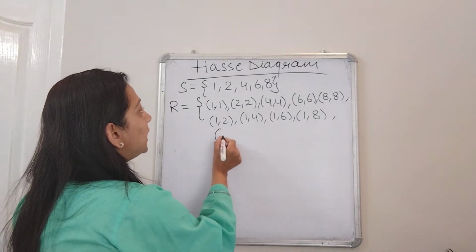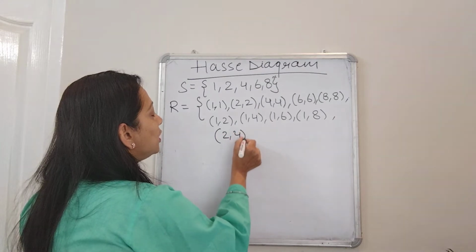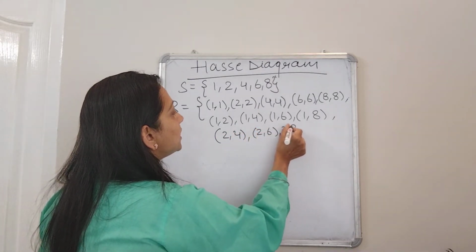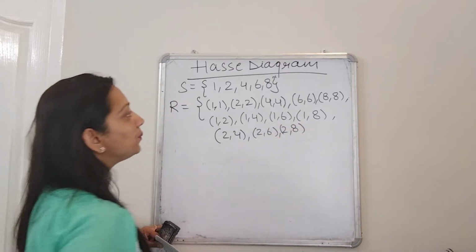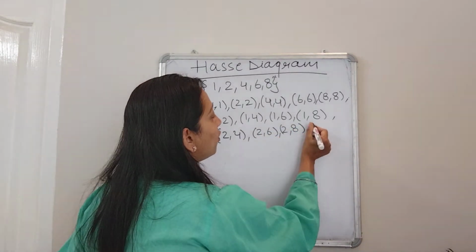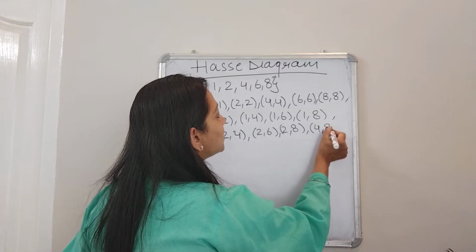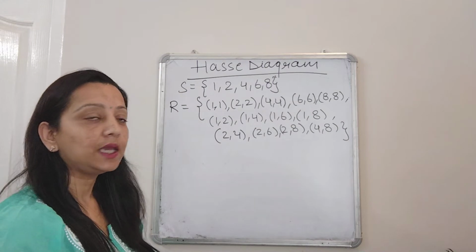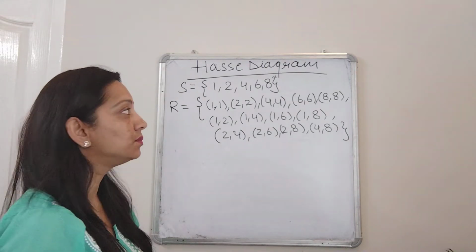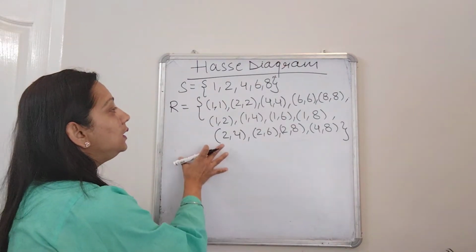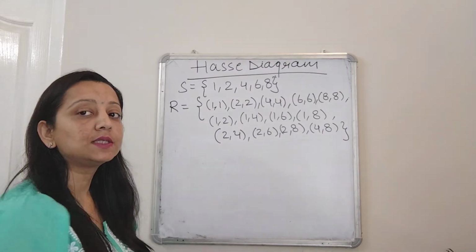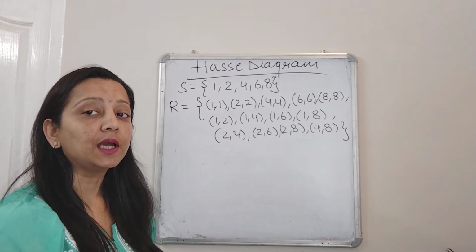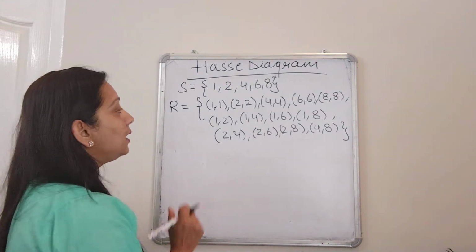Then I know that 2 divides 4, 2 divides 6 and 2 divides 8, right? Then I know that 4 divides 8, right? 6 cannot divide 8 because it is not completely divisible. Alright, so these are the total number of ordered pairs that I have in this relation which satisfy my criteria.